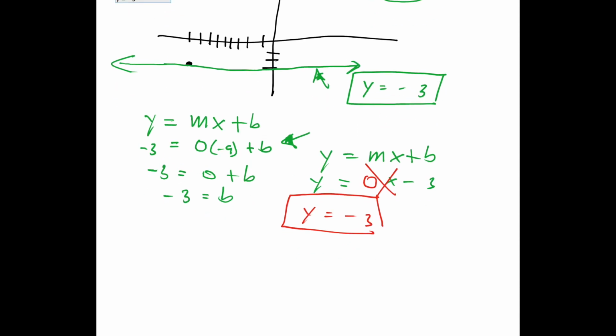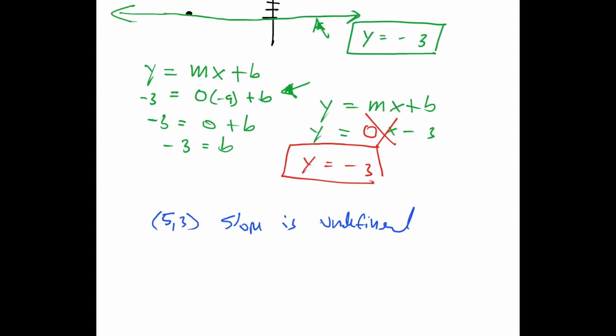Because if they gave you this problem, and they will, if they say it goes through 5, 3, and the slope is undefined. Okay, so for this one, tell me how you would do it, so that way when it comes up, you can do it.